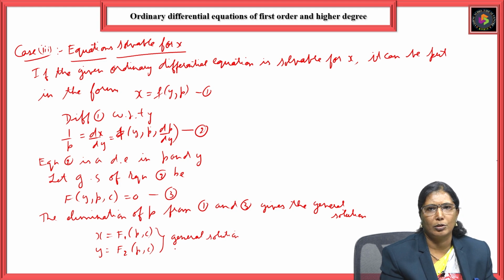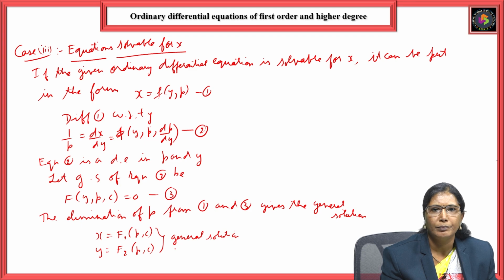The other condition: sometimes in equation 2 you get a factor which does not contain dp by dy. If you solve that factor together with equation 1, we get a singular solution.